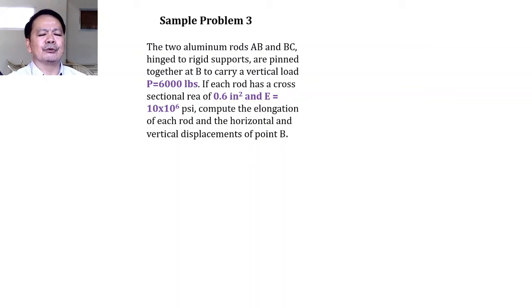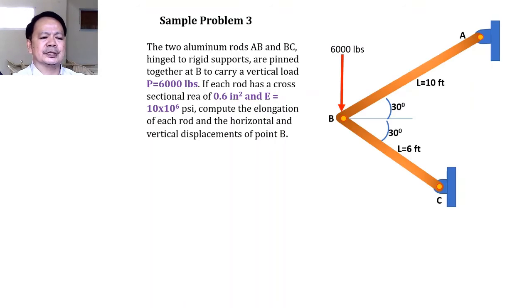The two aluminum rods AB and BC hinged to rigid supports are pinned together at point B to carry vertical loads of 6,000 pounds. I will be presenting to you the figure. So I have here AB and BC, that is to support vertical loads. These are rigidly supported at the wall and pinned together at point B, and it is to carry a load of 6,000 pounds.